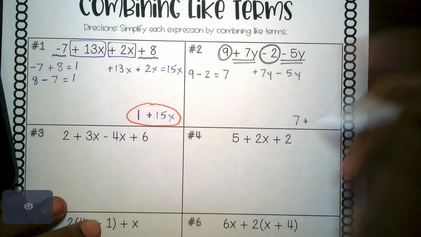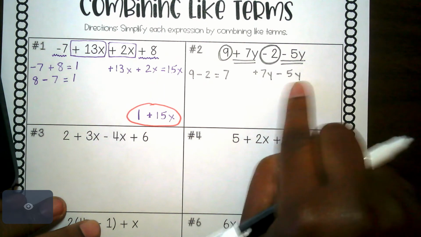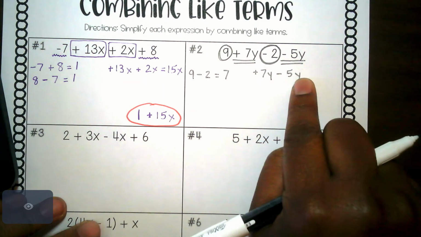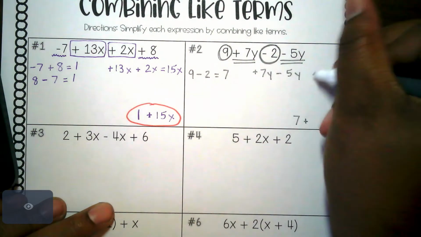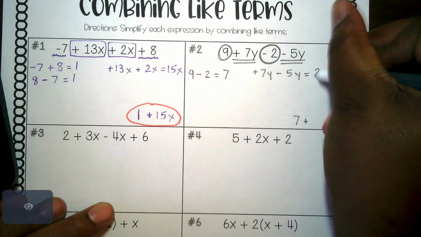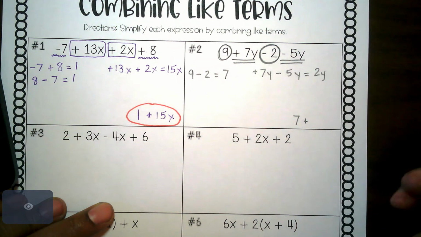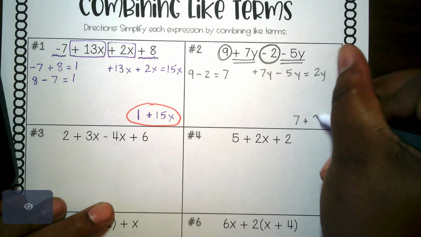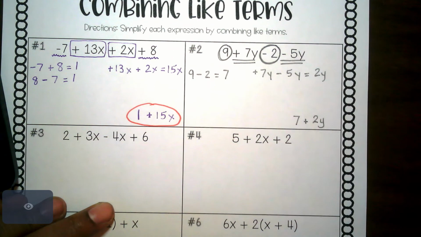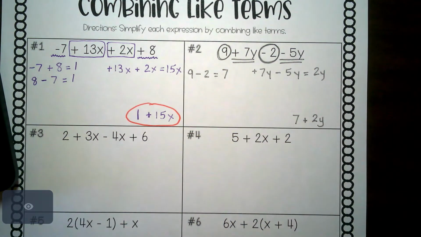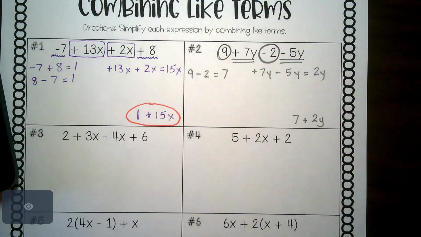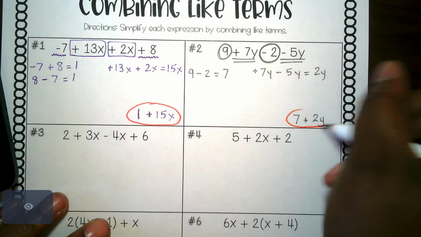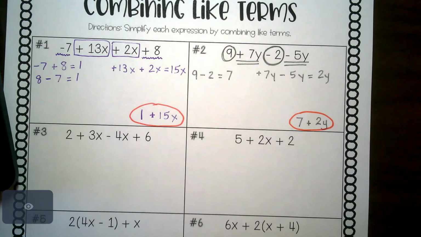So if I'm adding something, I want to add this 7y, but wait, I have to take away 5 of them first. And if I have 7 y's and I take away 5 of them, I am left with 2y. So I am putting that 2y in my final summary. So 7 plus 2y is what this simplified down to.